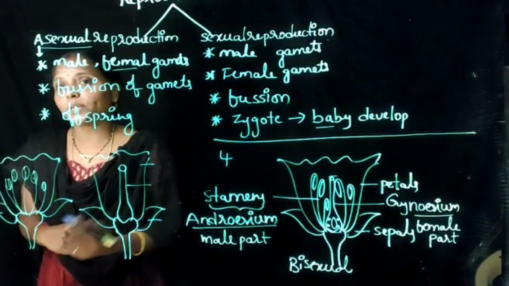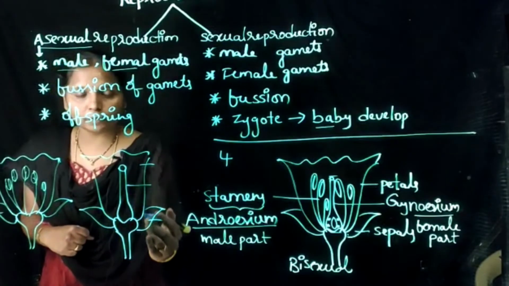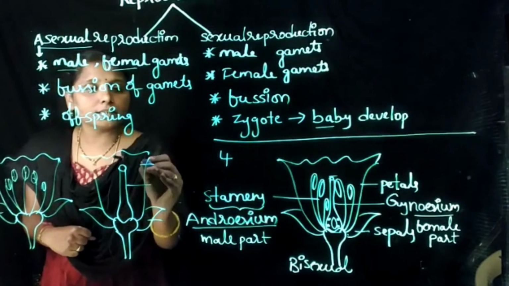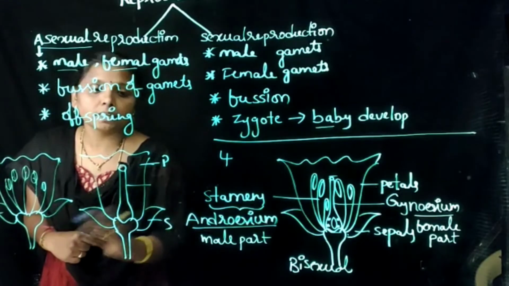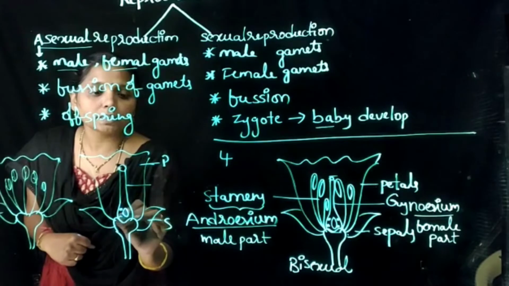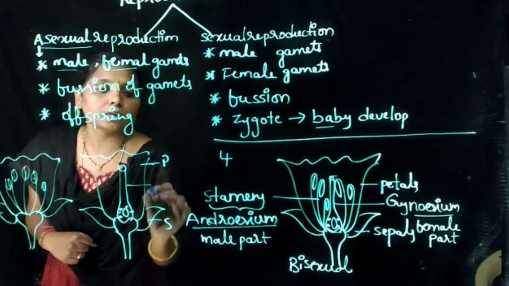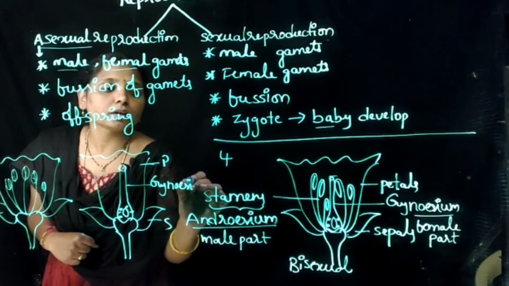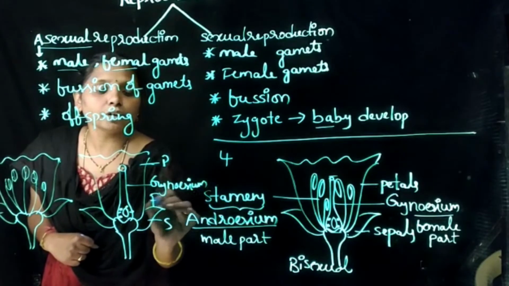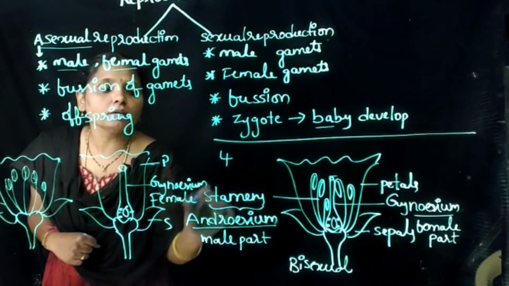If we see in this first flower, it is containing petals, sepals, and this portion is known as gynoecium. Gynoecium means it is a female part. It is what? Female part.